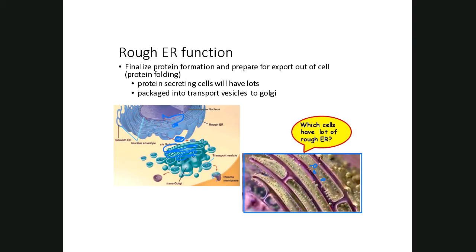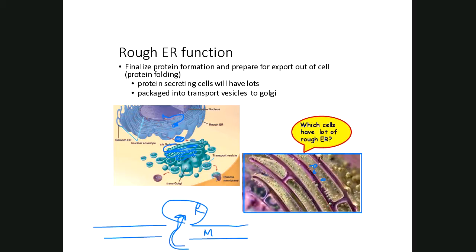If this is the membrane of the rough endoplasmic reticulum, and this is a ribosome, what we have is our messenger RNA comes up and goes into that ribosome, and it tells it to make a protein.